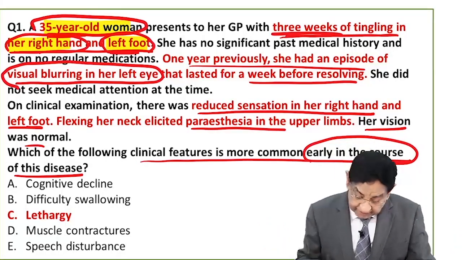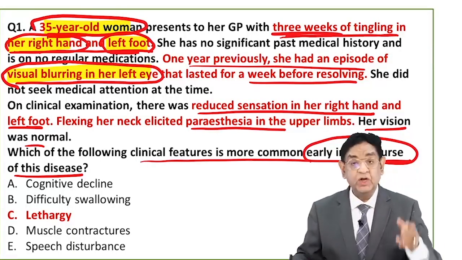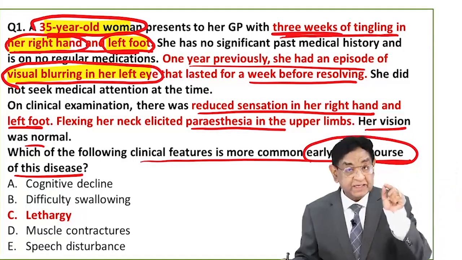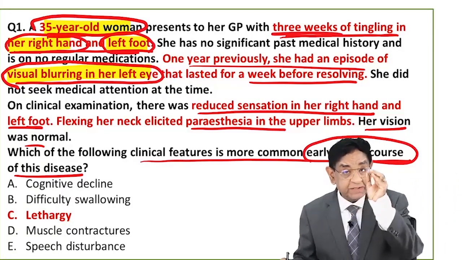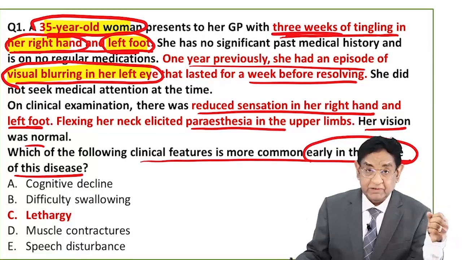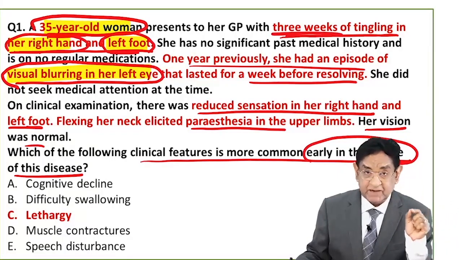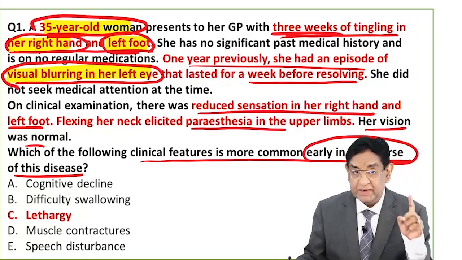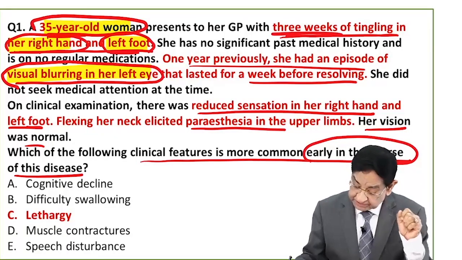And she had one episode long back. This is a time problem. So there is spacing in time and spacing in place, right? And this is the classical feature that goes in favor of multiple sclerosis, right?